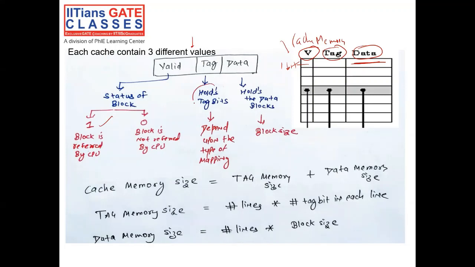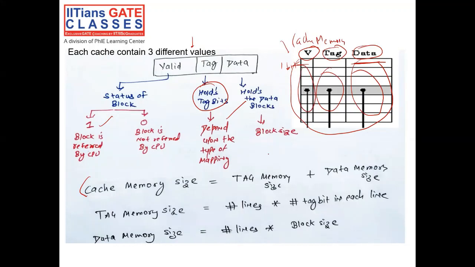The tag bits depend upon which mapping we are using, and they tell which block of the main memory actually exists in the cache memory. Your total cache memory size is your data size, your tag size, and valid bit size.